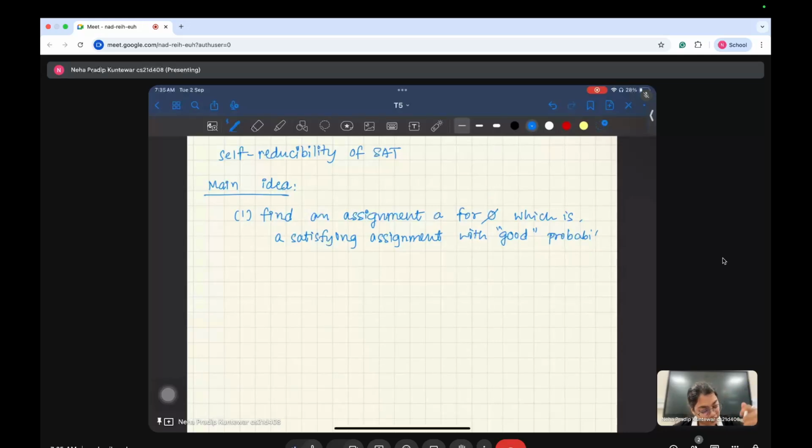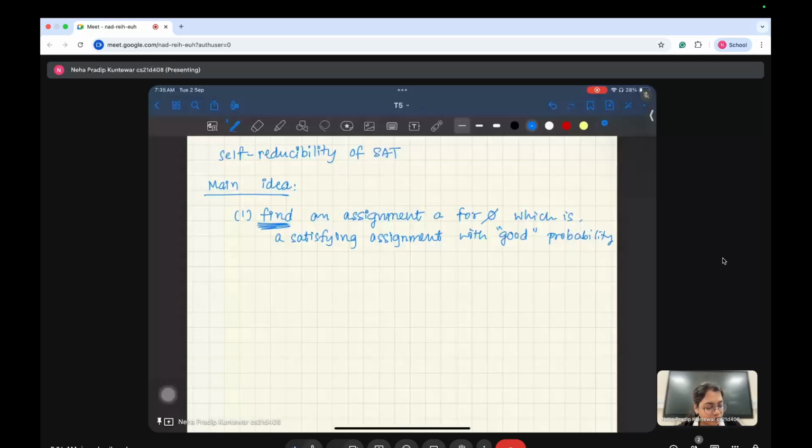Now why do we need this? Because if I have this satisfying assignment A, or probably satisfying assignment A, then what I'm going to do is, and this is the key part, manually check if A indeed satisfies phi.